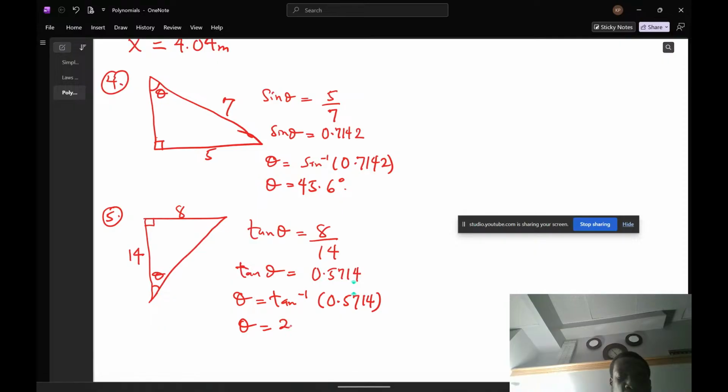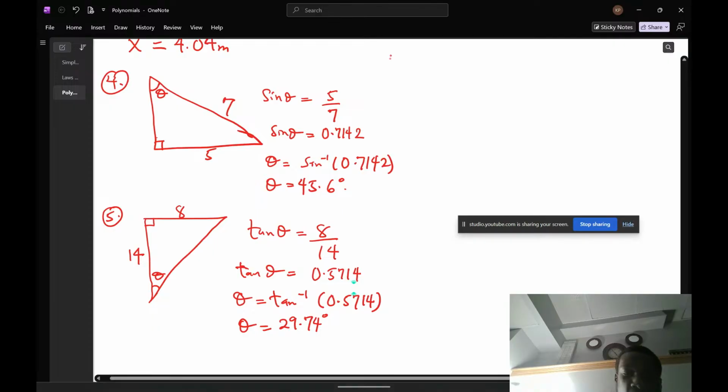So theta is equal to 29.74 degrees. So let me do another one.